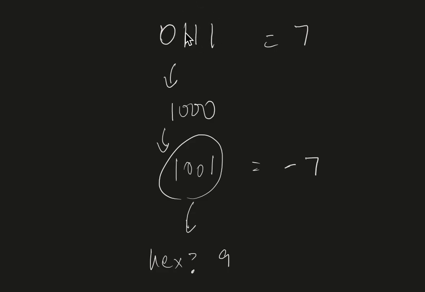These three bits get turned on: 4 plus 2 plus 1, 7, and that's how +7 is represented. To represent -7, now we take a 2's complement, which means we invert these bits first. 0 becomes 1, all 1's become 0, and after we have inverted them, we add 1 to the least significant bit, right? So this then completes our 2's complement, and this is the representation for -7.